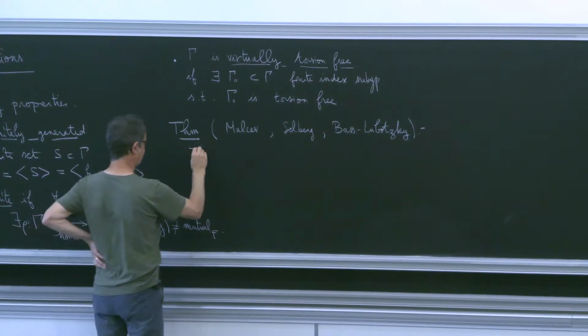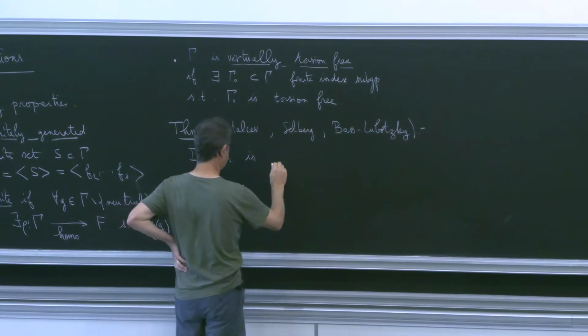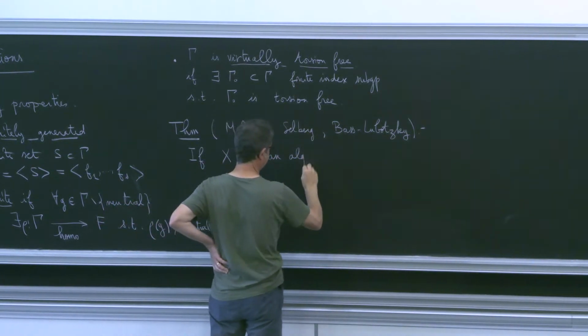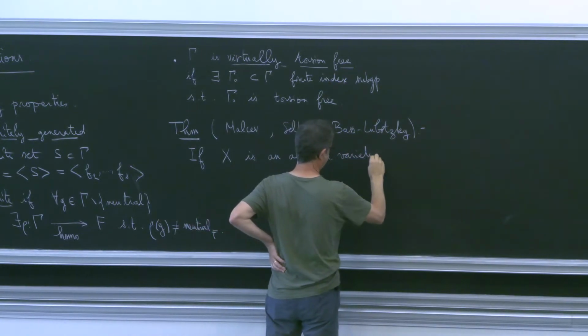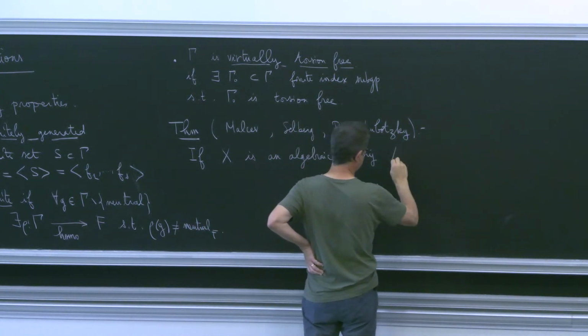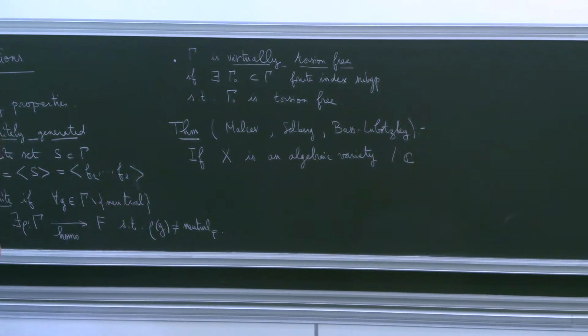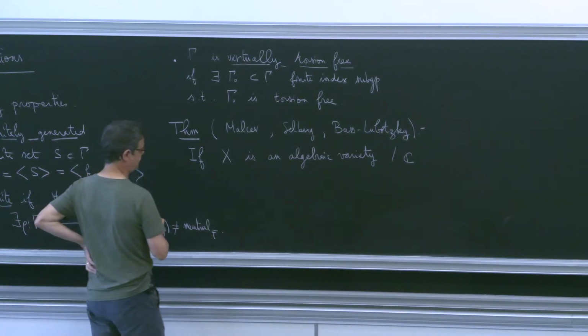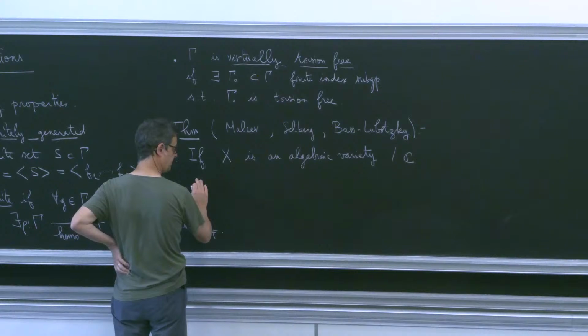So if X is an algebraic variety, let's say I will state it over C. There are versions over other fields, because here, today, I'm using characteristic 0.